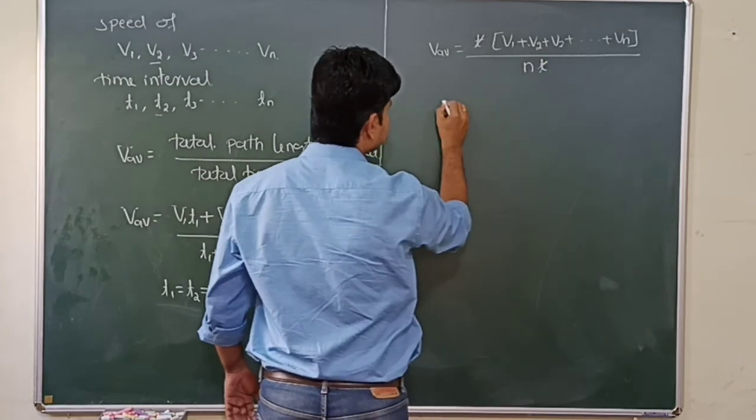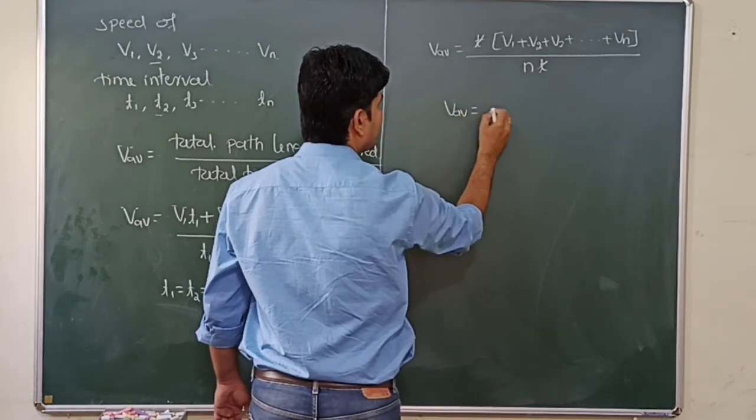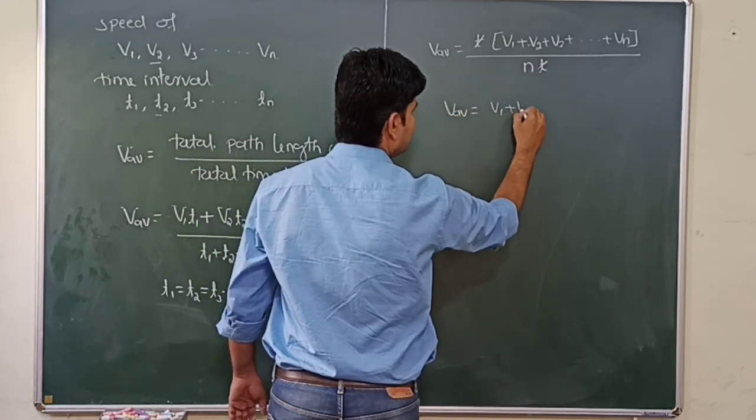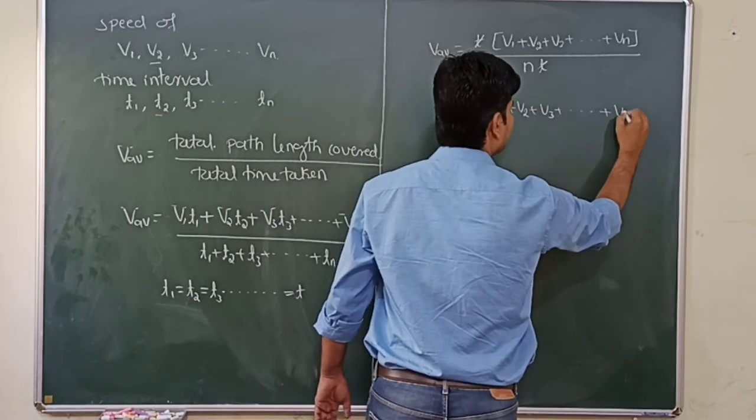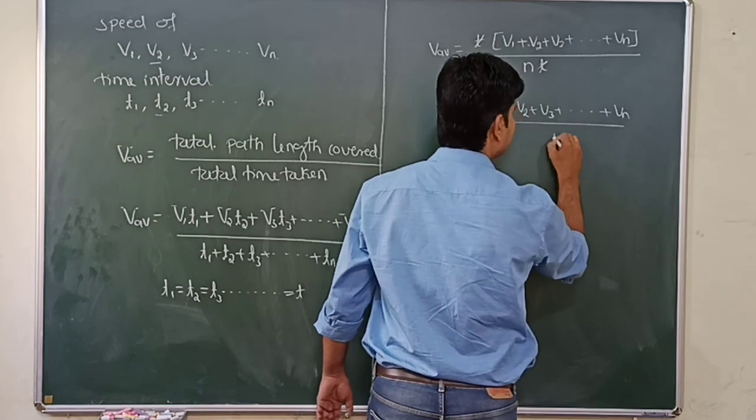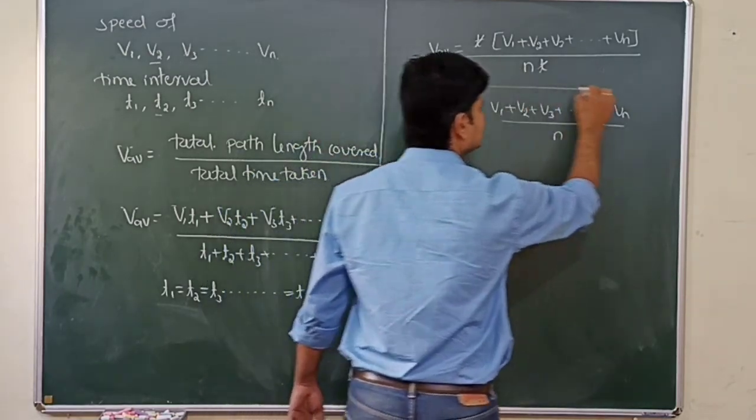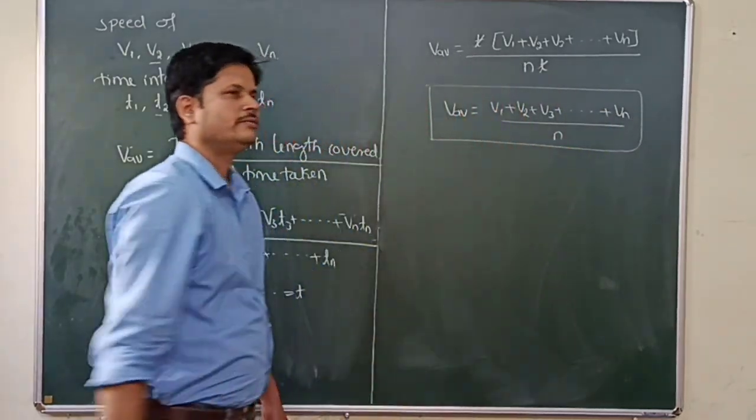This t gets cancelled. The average speed is just v1 plus v2 plus v3 plus so on plus vn, whole divided by n. This is the average speed.